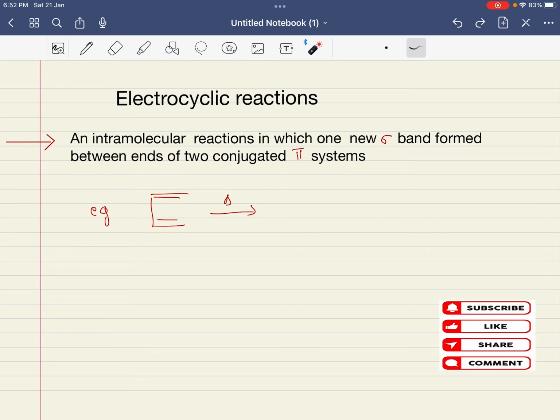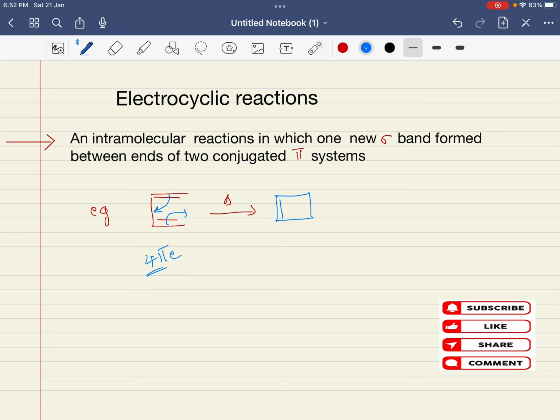We'll understand more by taking an example here. This is a 4-pi electron system. Here one of these pi bonds will be moved here, and this pi bond will be used for the formation of a new sigma bond, and the product we get is this 4-membered ring.